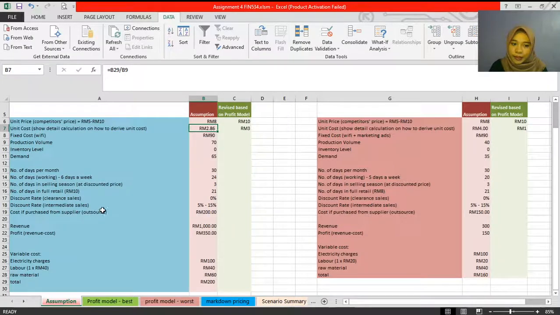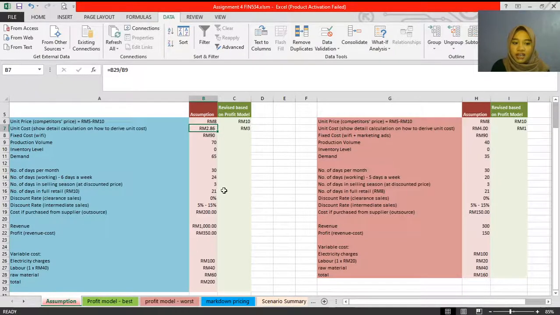This one I will explain in my outsourcing decision making. I am expecting my revenue to be about 1,000 ringgit, and my profit, from revenue minus cost, is 250 ringgit.